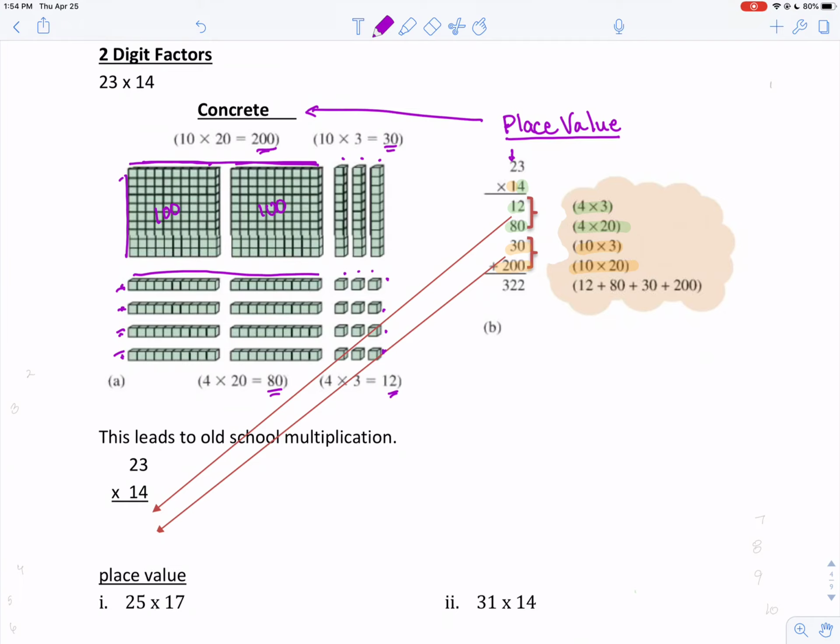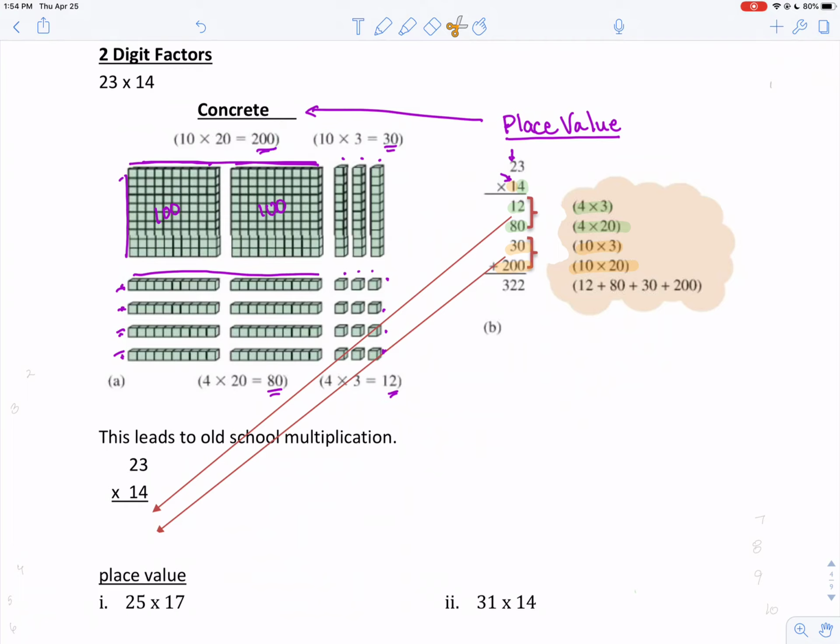And that is not 1 times 3 because notice that is in the 10 spot. So it is 10 times 3, which gives me my 30. And then 10 times 20, which would give me my 200. Notice all of these numbers here are represented on this side by the concrete.